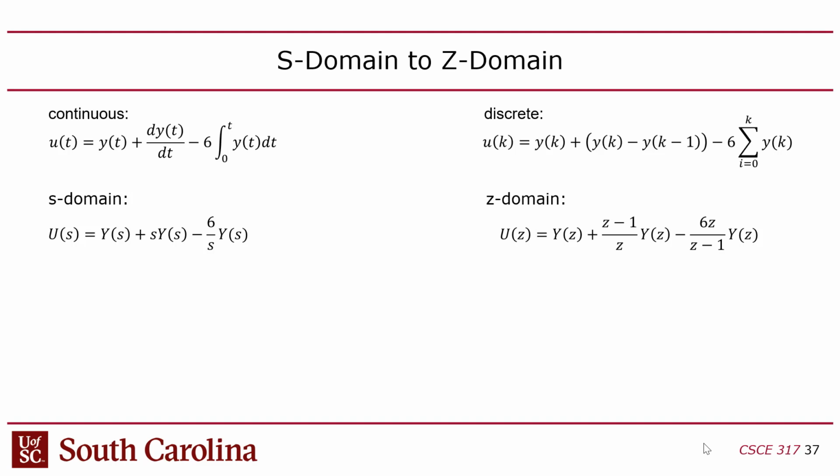So if I take 1 minus z to the negative first power and I multiply it by y of z, that's like saying the current sample minus the previous sample, right? It's the same thing I'm saying here. It's equivalent, right? It's just doing it with this fancy z notation. Okay, but then the summation is actually replaced with z over z minus 1.